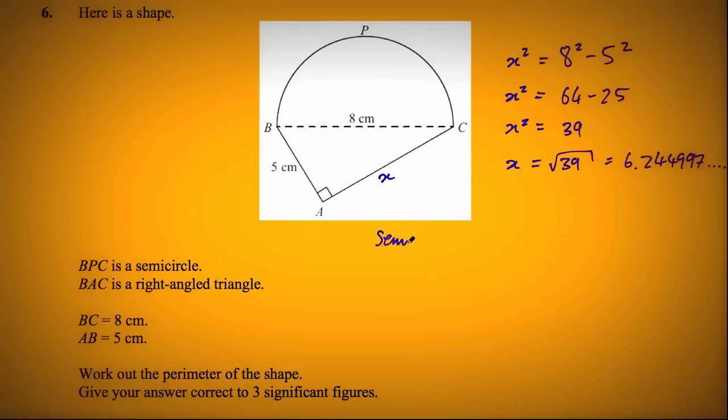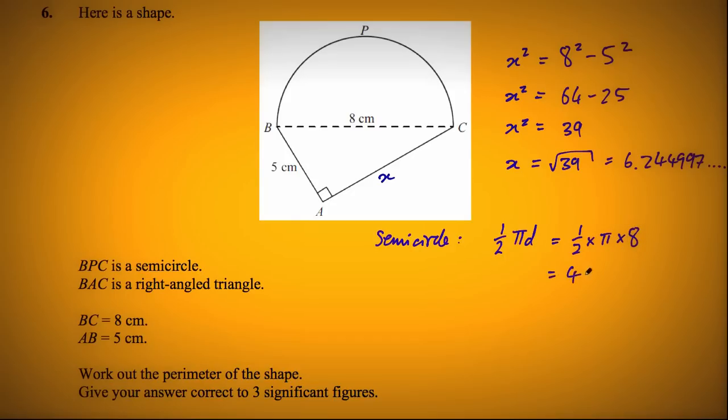Semicircle. Well, the circumference of a circle is given by pi d, pi times the diameter, and a semicircle is going to be half of pi d. So that's half times pi times the diameter, which is 8.